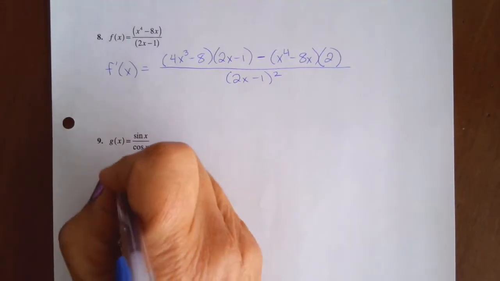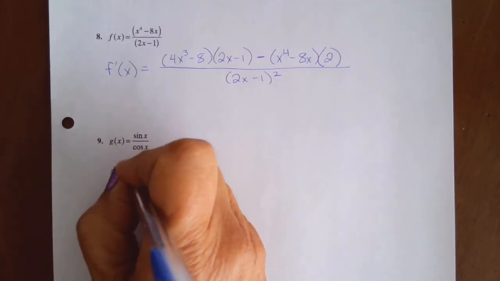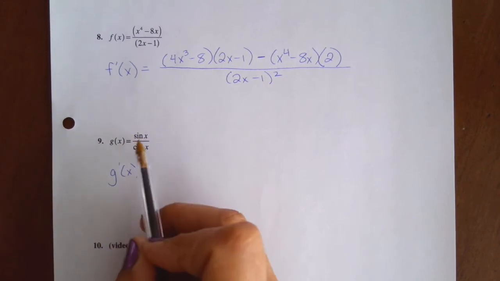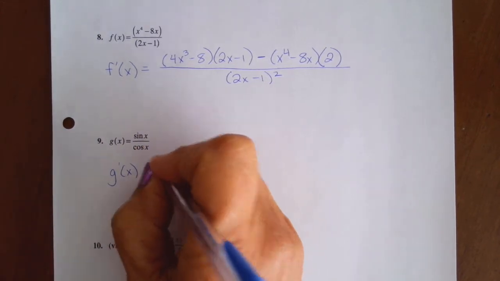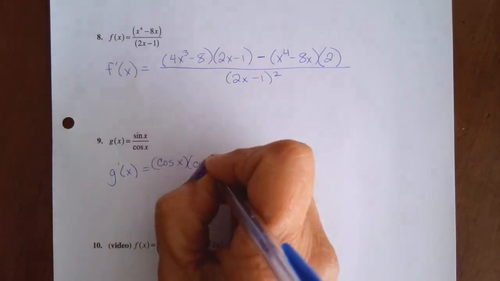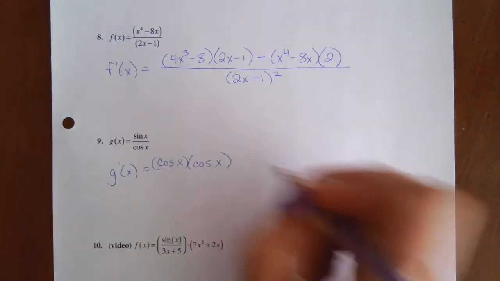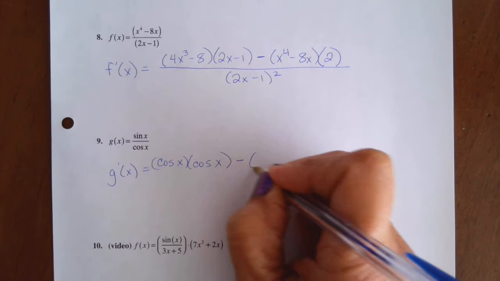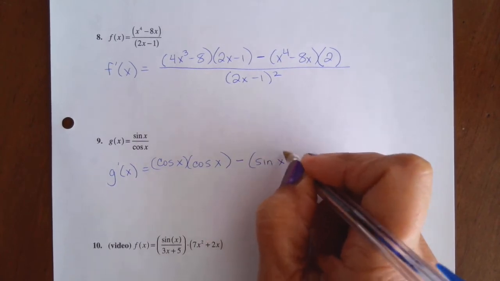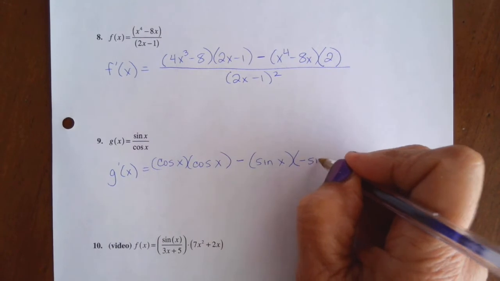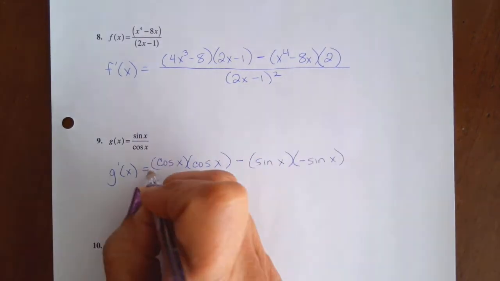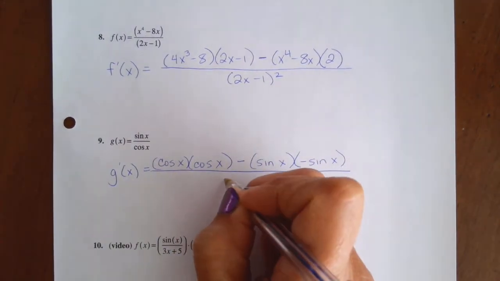All right, so we're going to do g prime. We're going to start with the derivative of the top. So the derivative of sine is cosine of x times the bottom, minus the top, sine of x, times the derivative of the bottom, which is negative sine of x, all over the bottom squared.